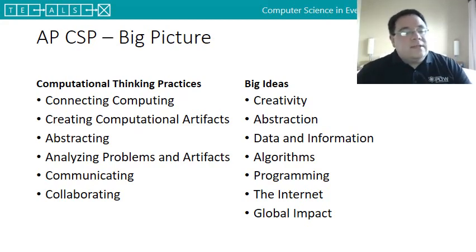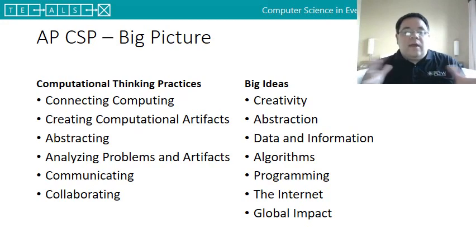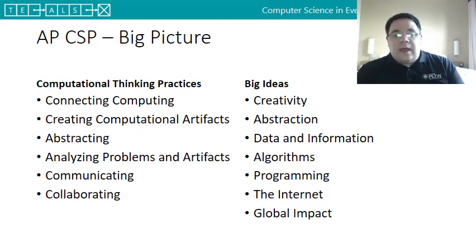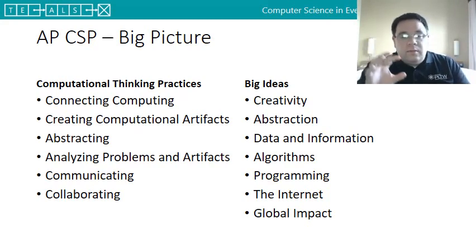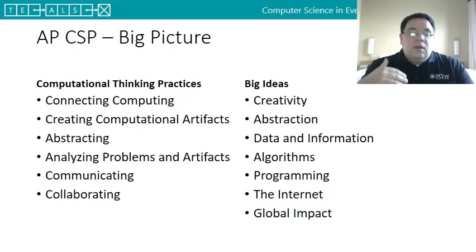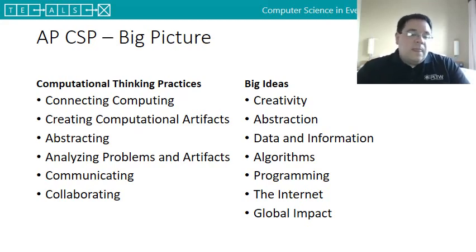So they include connecting computing, which would be looking at all of the things that use computing in their world and identifying how they connect between each other. Creating computational artifacts, which is a skill of actually using the tools in computer science to create artifacts through the methods of computation, things that can be consumed by others, looked at by others, listened to by others, interacted with by others.